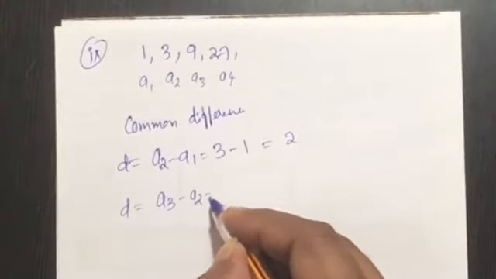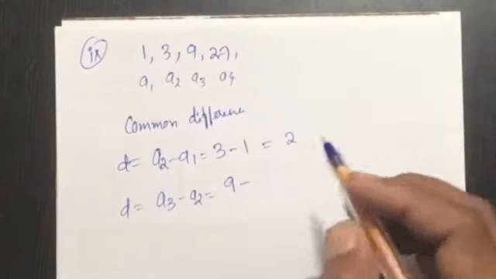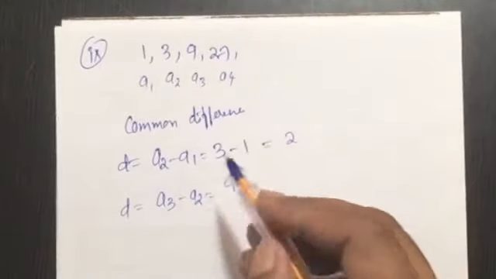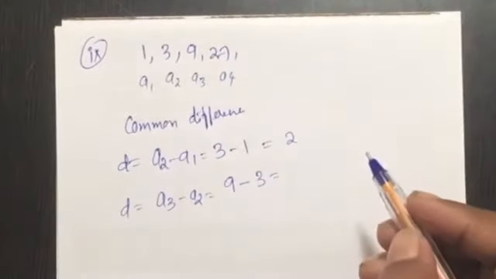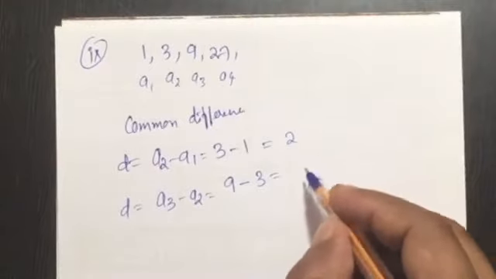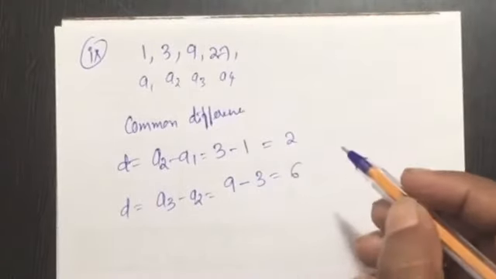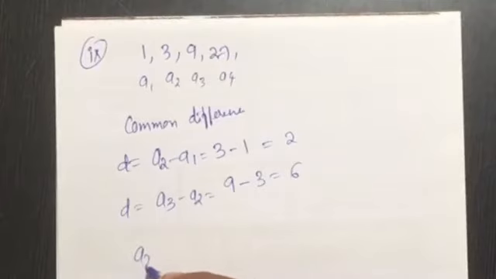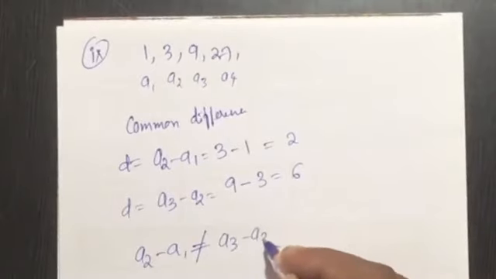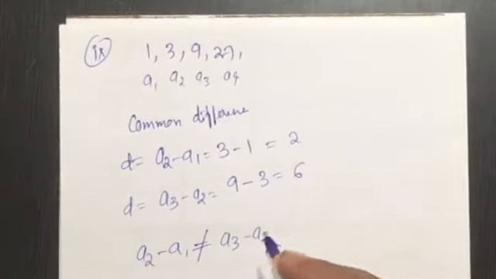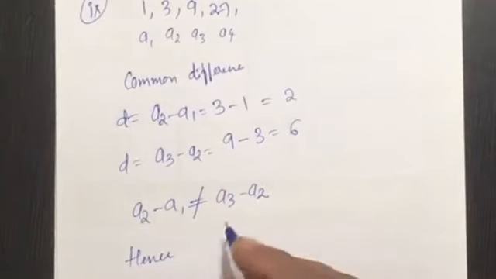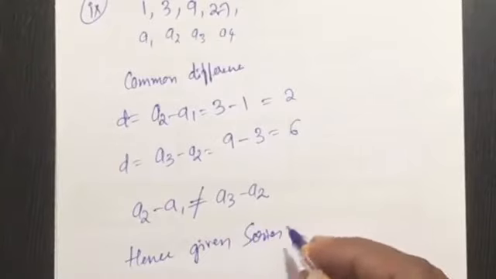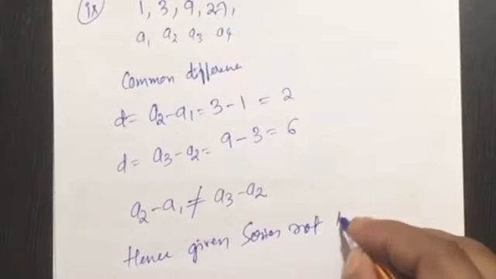A3 minus A2. A3 is 9, A2 is 3. So what is the value? 6. So A2 minus A1 is not equal to A3 minus A2. Hence the given series is not an AP.